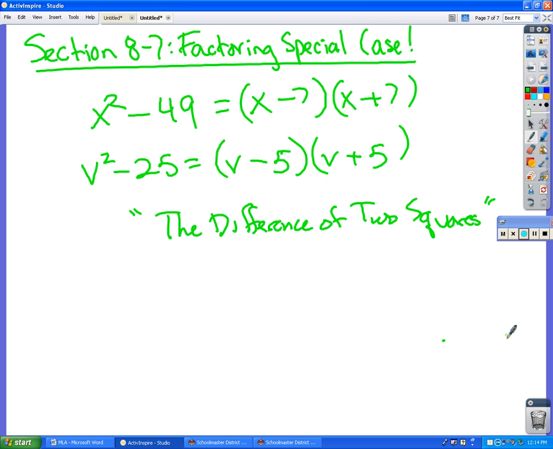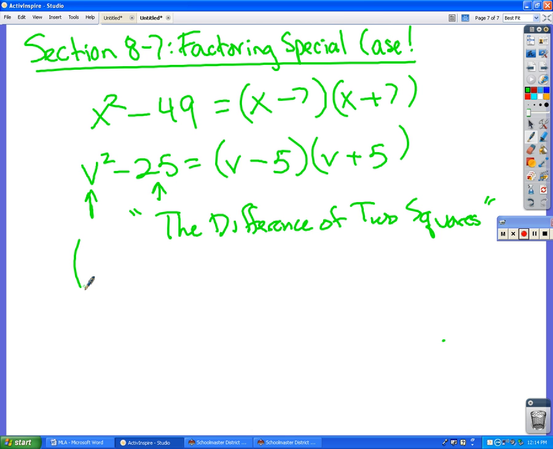What is 5 squared? 25. And what is V squared? V squared. And so this is the difference of 2 things that are squares of something. Since V times V is V squared, that means you get a V in front. And since 5 times 5 is 25, that means you get a 5 on the end.